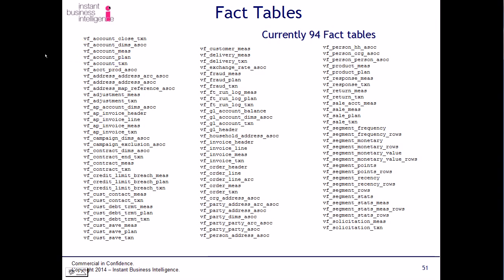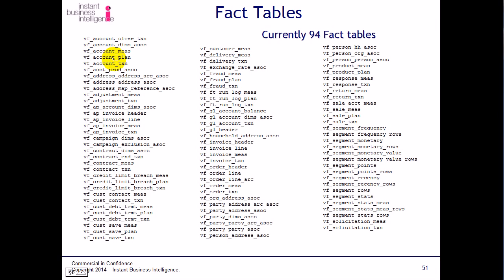So, in terms of talking about each fact table in a little bit, account close transactions. If you close an account, then you'll get a transaction. The dimensions which are associated with an account get a fact table. The account measures get a fact table.